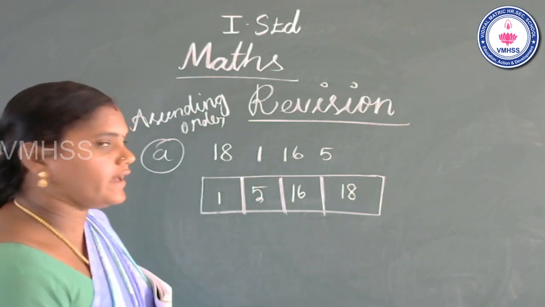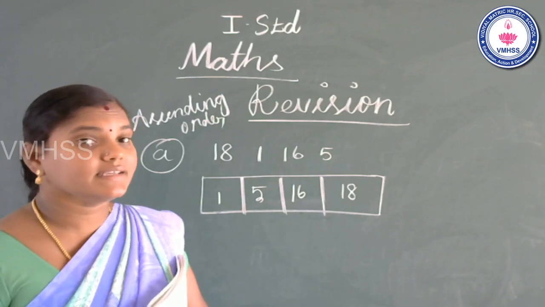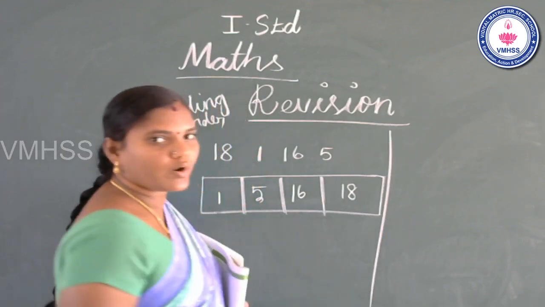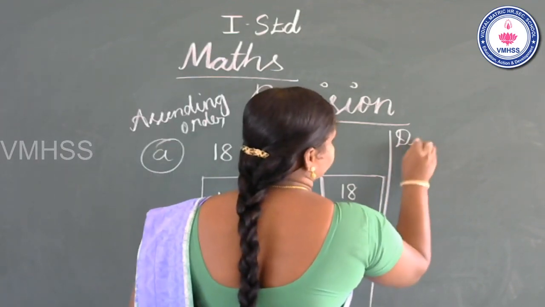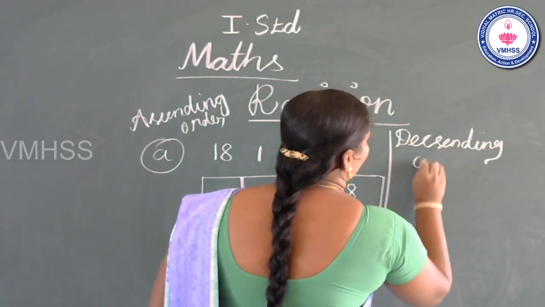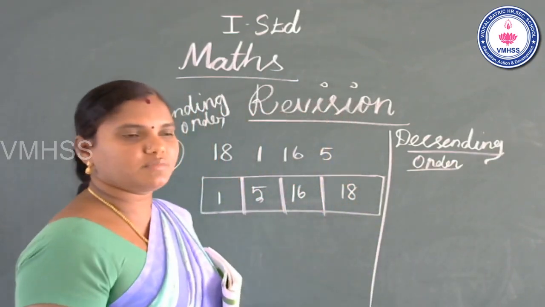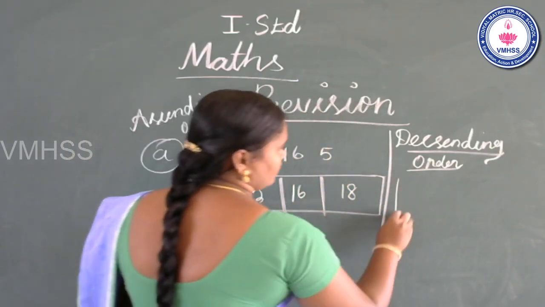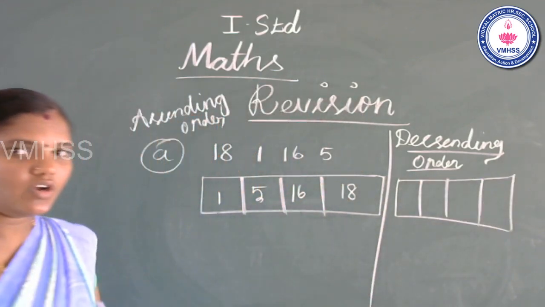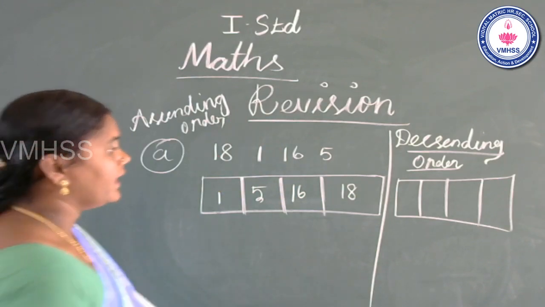So that is ascending order. Students, arrange the descending order. Yes, 18.